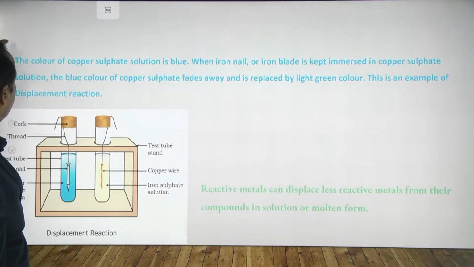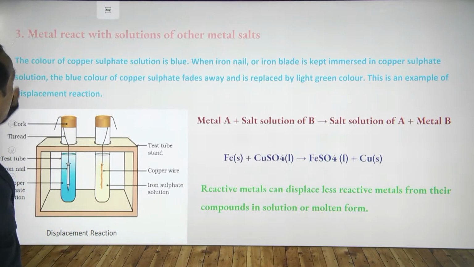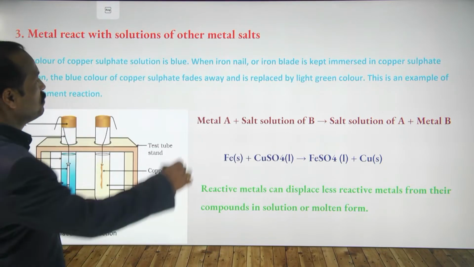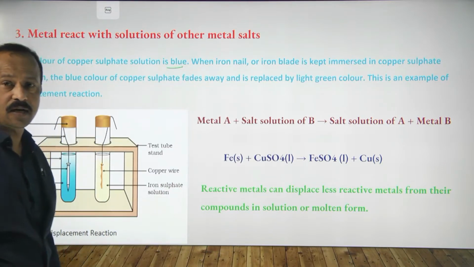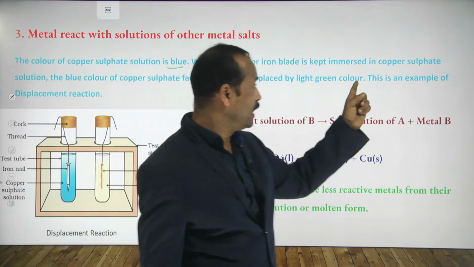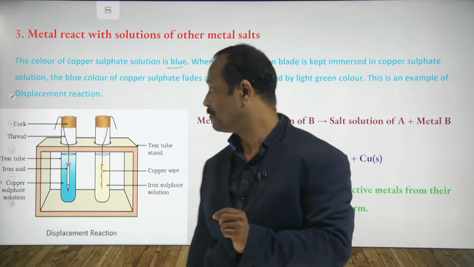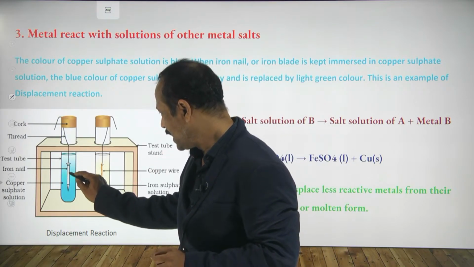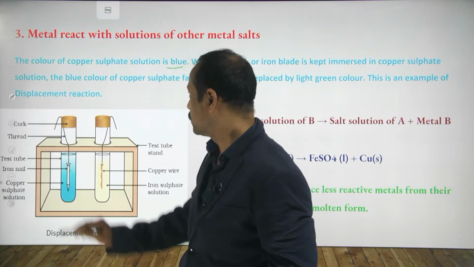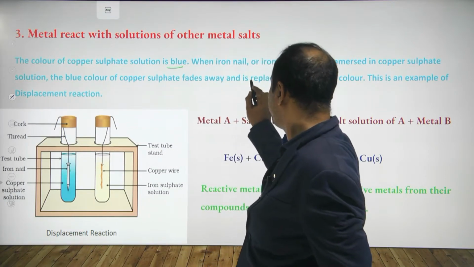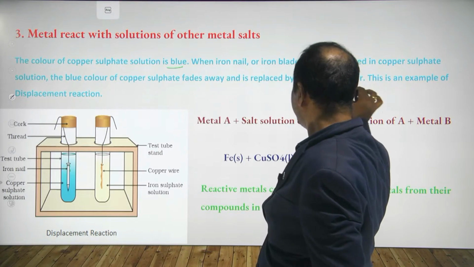So students, here you see now, the color of copper sulfate solution is blue. When an iron nail or iron blade is kept immersed in copper sulfate solution, the blue color of copper sulfate fades away and is replaced by a light green color.